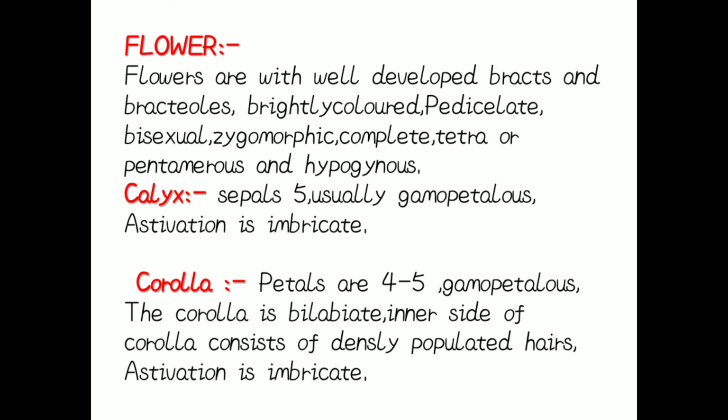The corolla is bilobed, and the inner side of the corolla shows densely populated hair-like structures. Aestivation is the same as the calyx, that is, imbricate aestivation.